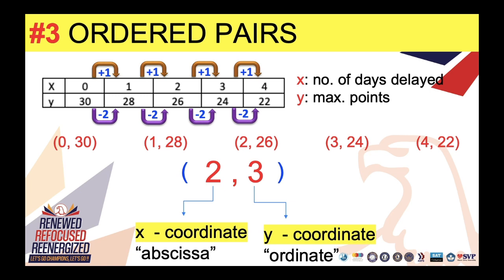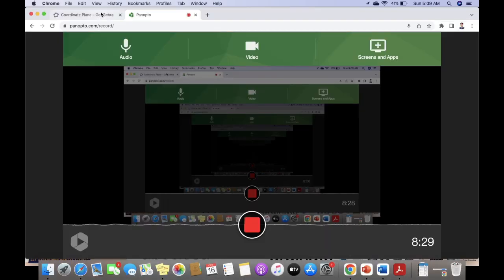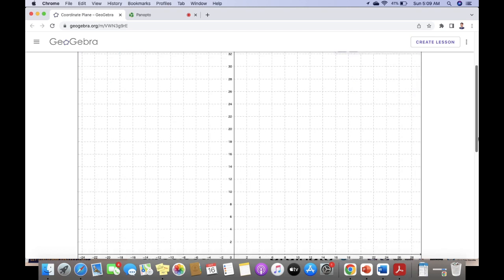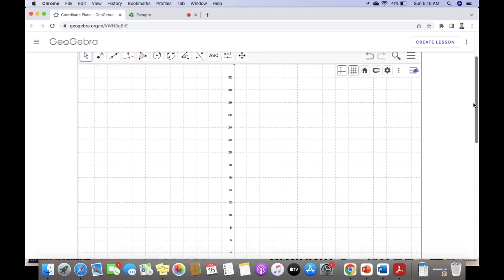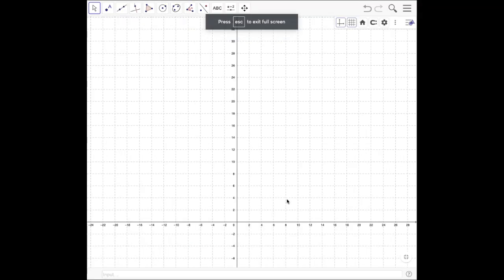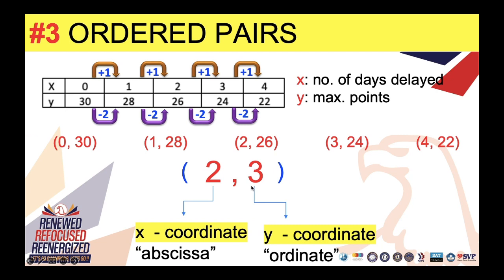All right, now for you to understand what I'm saying, for example, if we try to look at this Cartesian plane, let me just show you quickly. Okay, here. So if I have (0, 30), for example, that means the x coordinate is 0, the y coordinate is 30.